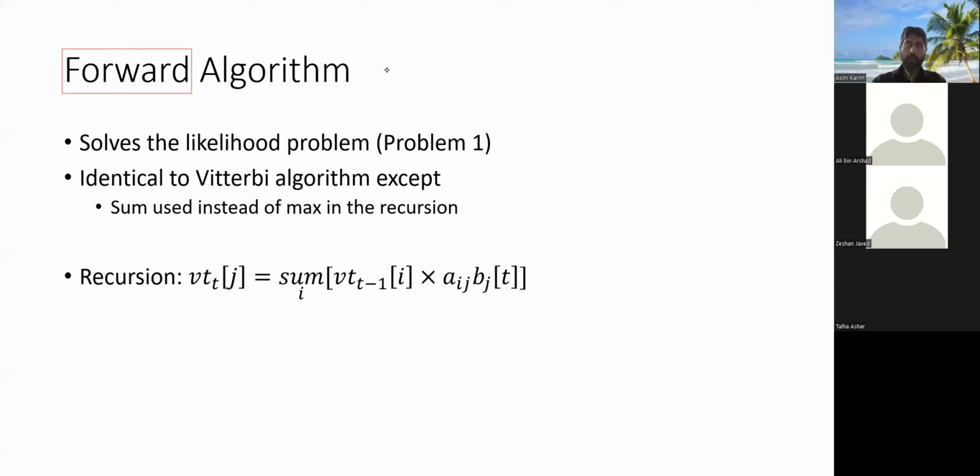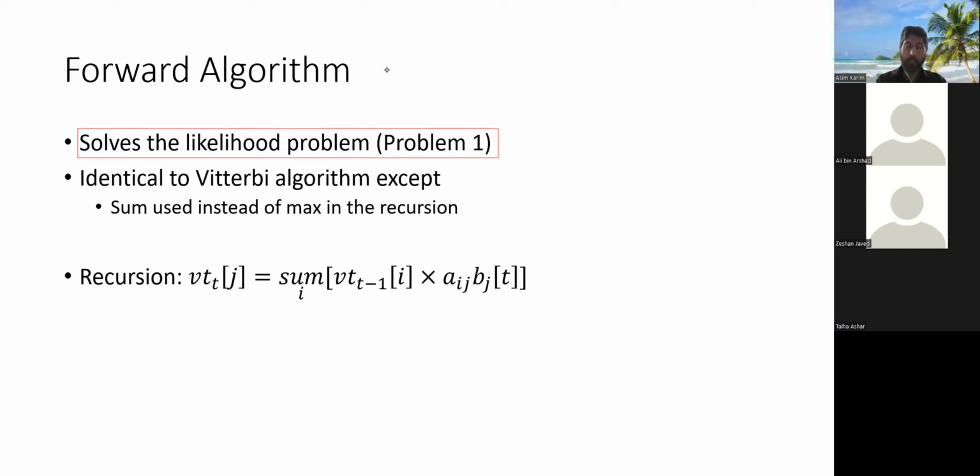So the forward algorithm solves the likelihood problem, which is problem 1, and which is the problem of finding the probability of a given sequence. So probability of O only. So which means that given the joint probability of O and Q, we want to sum out or marginalize the Q. To sum out करने के लिए we can apply the same dynamic programming.